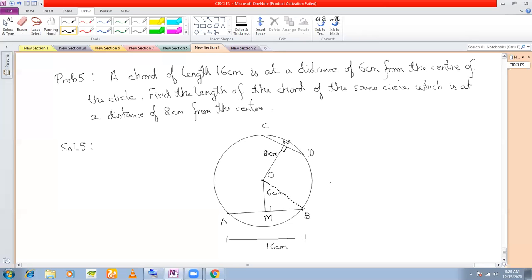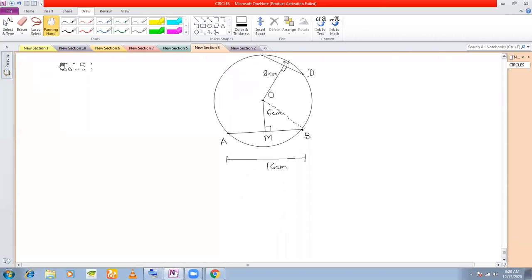Also, it is given to you that OM is perpendicular to AB. Then what can you conclude? From which theorem?